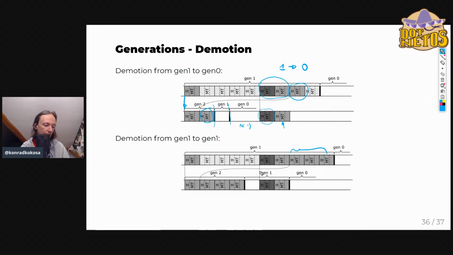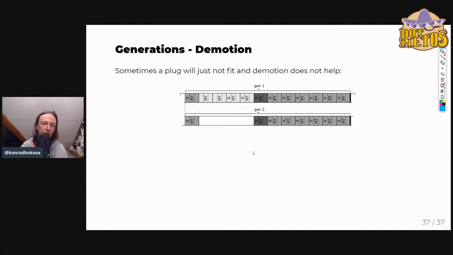This is something very similar to the previously shown. Unfortunately, sometimes we will not be able to fit the whole plug, and will be simply promoting, obviously, pinned plugs as all regular plugs. So sometimes it will not be able to use this demotion thing, but it may happen.